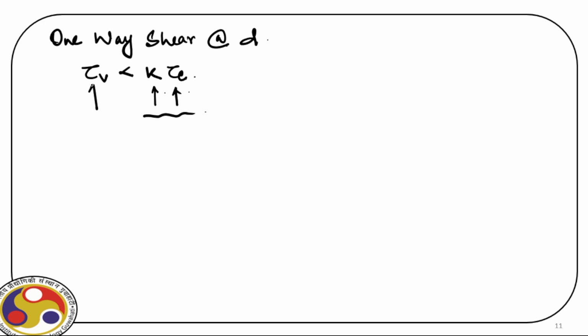Our idea is to keep this tau v well within this allowable limit, and then there will be no additional requirement for shear links. Only parameter we can adjust is d effective so that tau v comes well within this allowable limit. So that completes the design procedure.